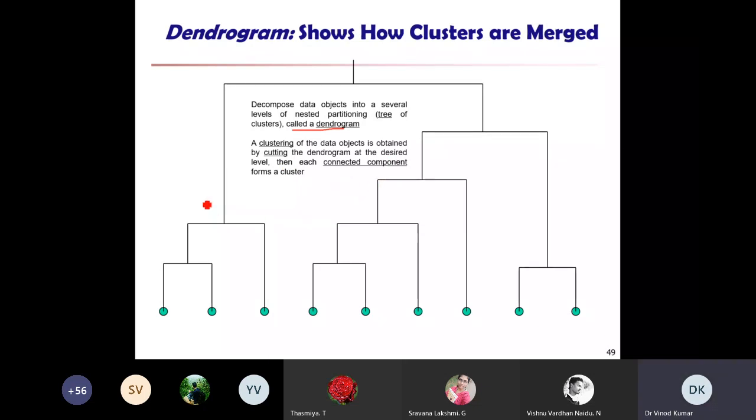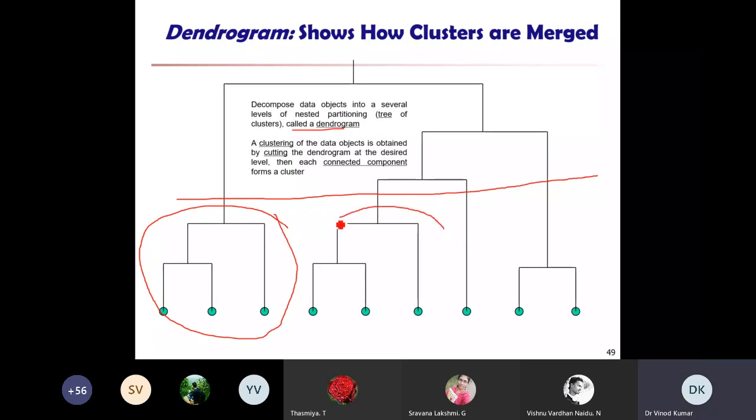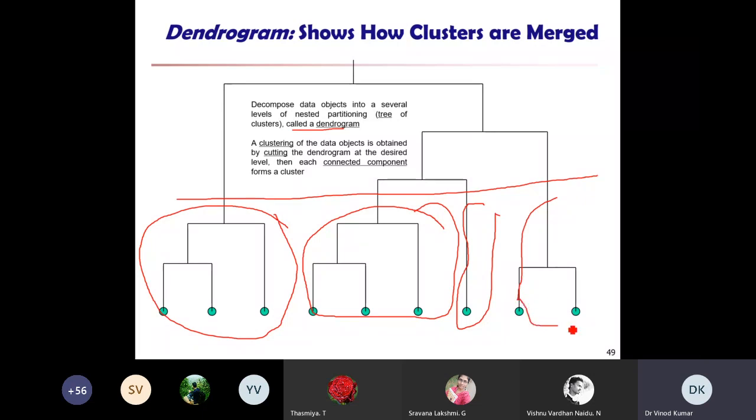Now you can see if I cut this dendrogram here, how many clusters will we get? One cluster here, and one cluster here. This will also be treated as one cluster, and then this one completely will be another cluster. If I cut here, then how many clusters will we get?